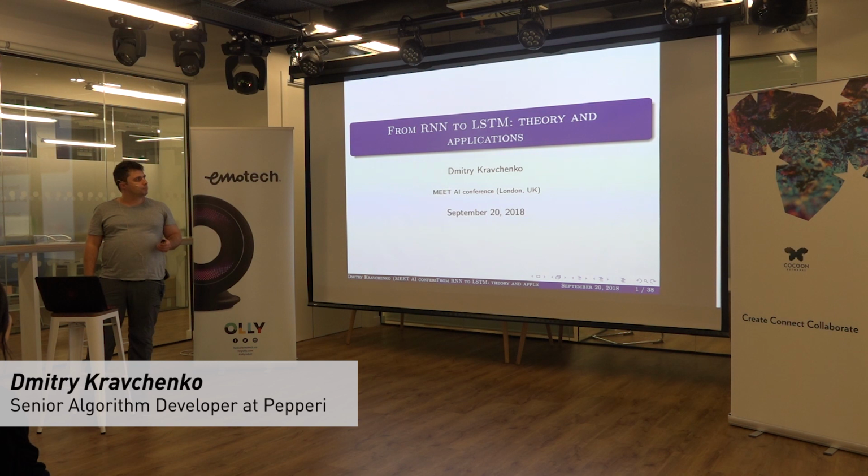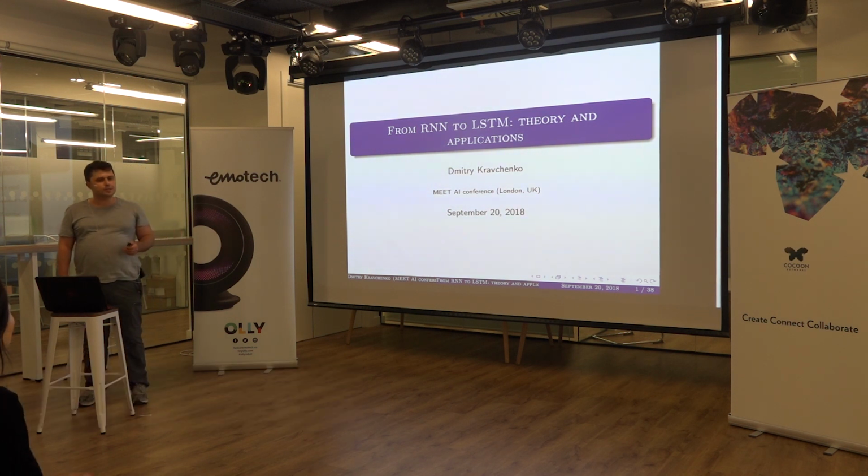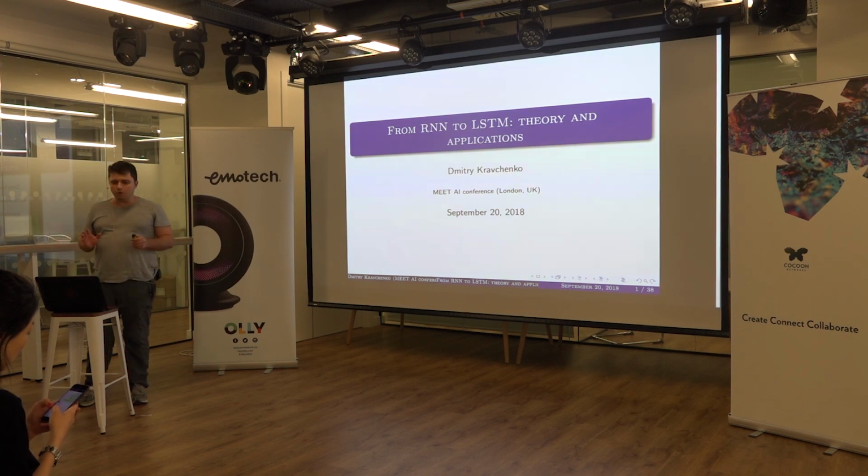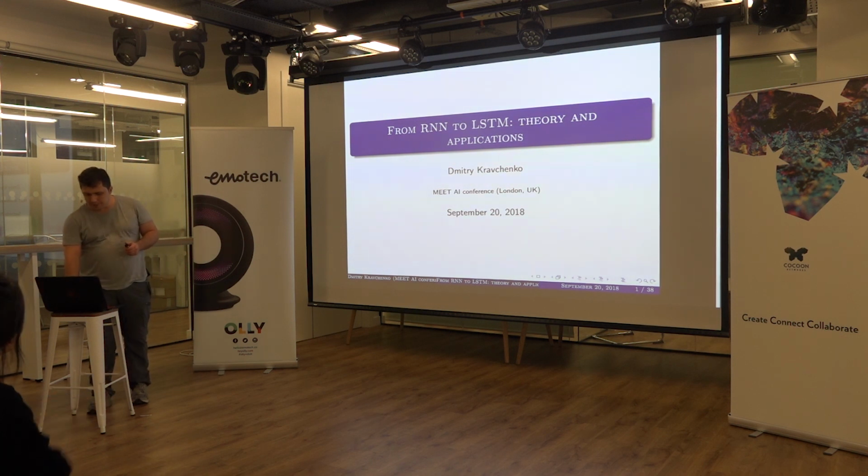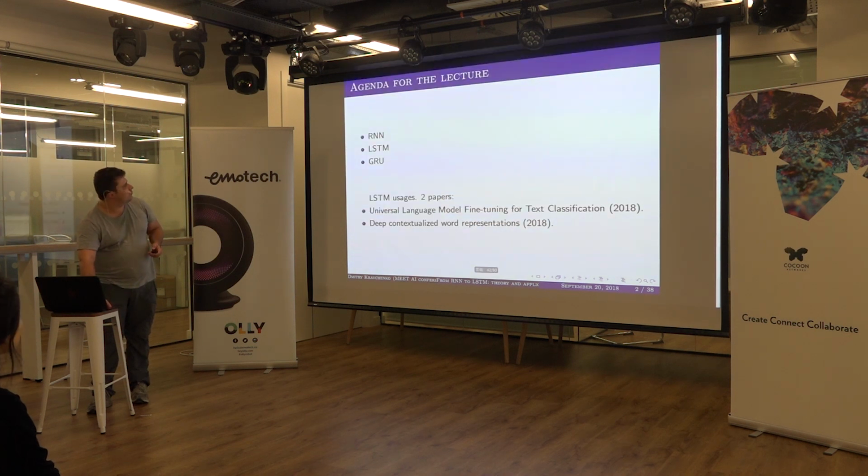The topic of my presentation is about RNNs and LSTMs. I wanted to describe and to give a background for people so that people would know the differences and would know which network is better to use and in which cases. So first I'll tell about RNNs and why we need them.